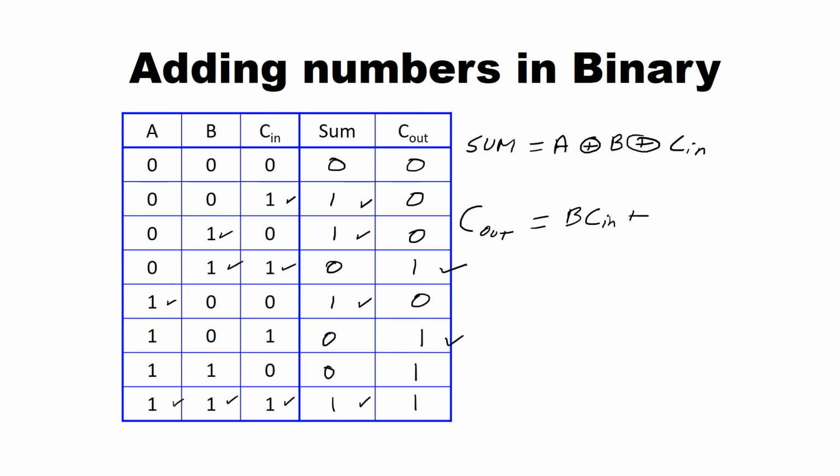That looks like A ANDed with carry in, and then I have A ANDed with B. This last one, I guess I could write A ANDed with B ANDed with carry in, but you would see that if you tried to simplify this with Boolean algebra, you could actually get rid of this last term, right? It's really, I get a carry out if I have any 2 of these inputs ANDed together. B and carry in, or A and carry in, or A and B. That is my carry out.